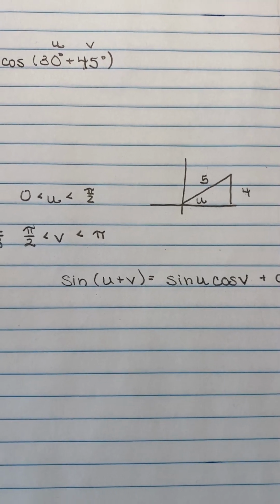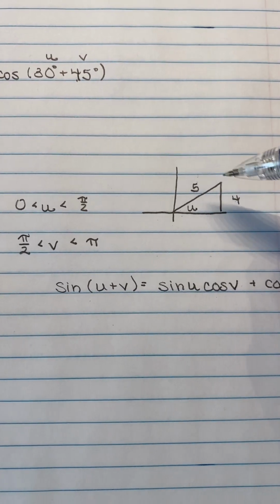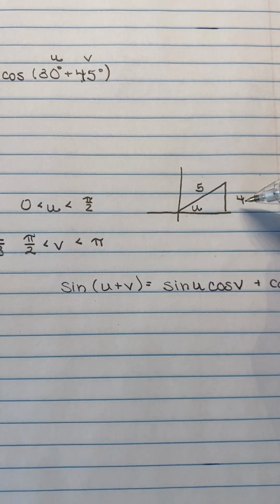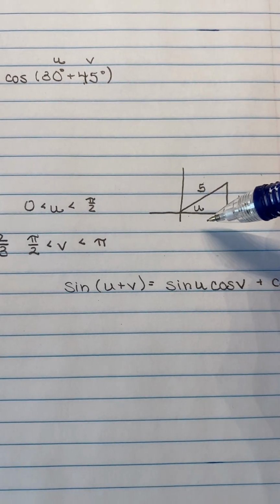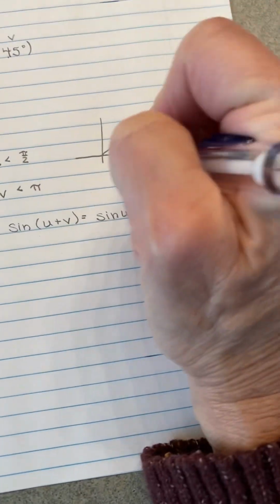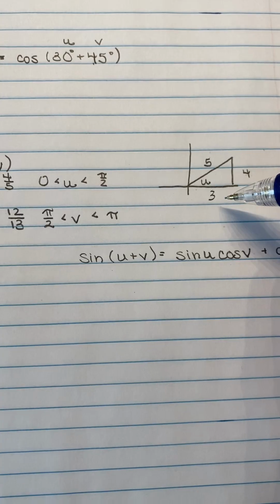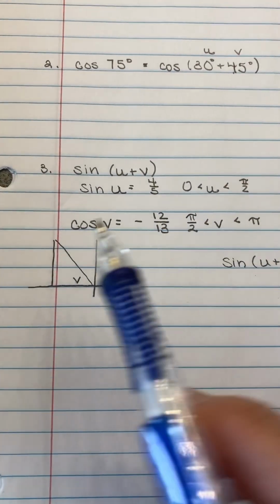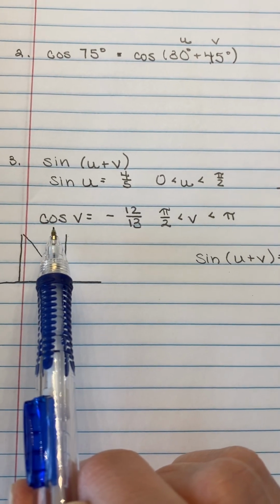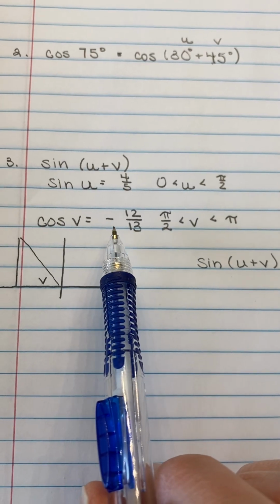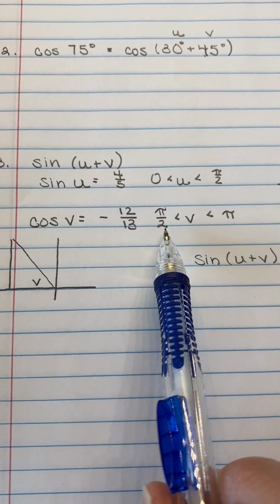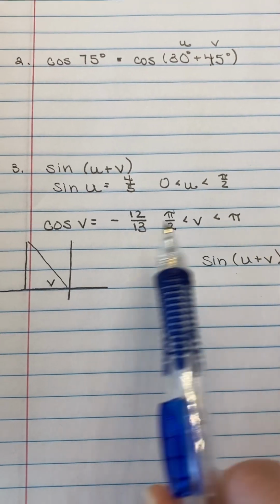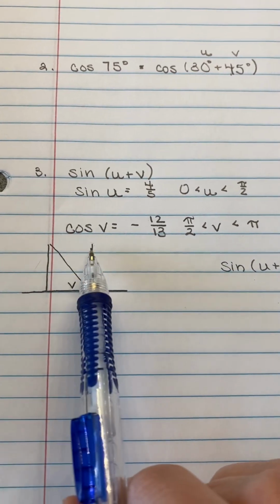So we use the Pythagorean theorem, x squared plus 4 squared equals 5 squared, or you remember this is a 3, 4, 5 right triangle, so this side is 3. We found that by using the Pythagorean theorem. We're also given in the book the cos of v is equal to negative 12 over 13, where v is between pi over 2, which is 90, and pi, which is 180, so that puts us in quadrant number 2.